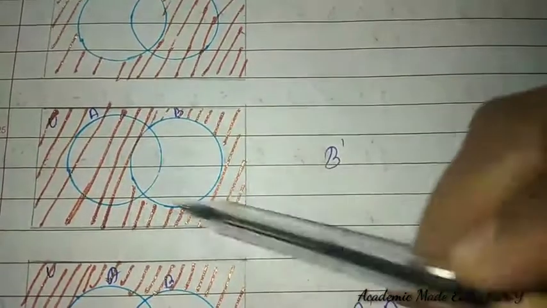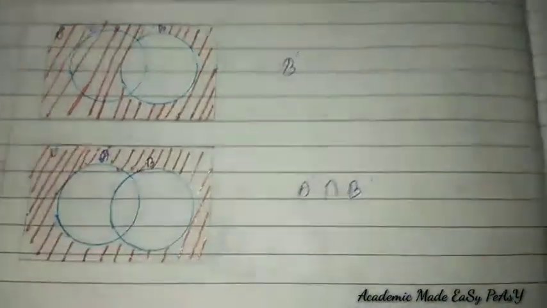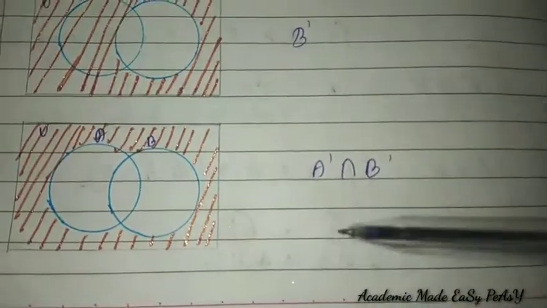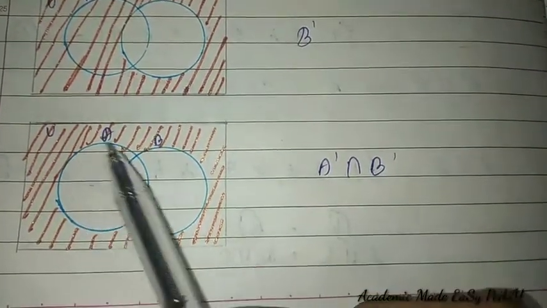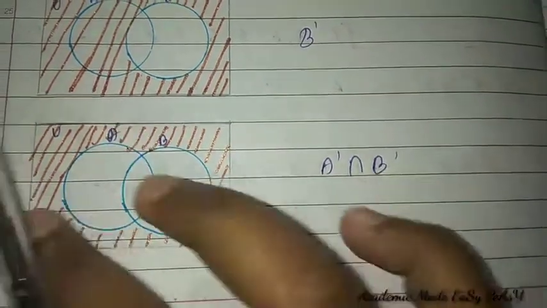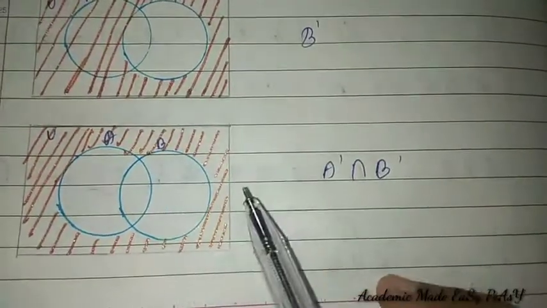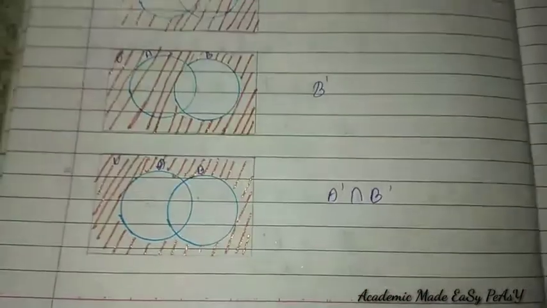Except set B, I have shaded the other things. Next I have made the intersection, A dash intersection B dash. Here is my A dash, and next here is B dash. Both together give A dash intersection B dash. So this is my Venn diagram.